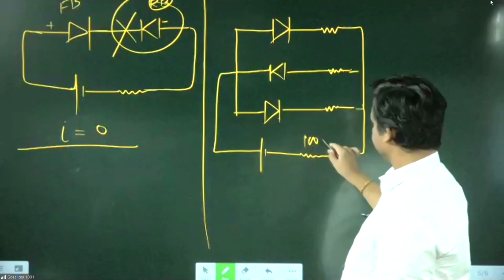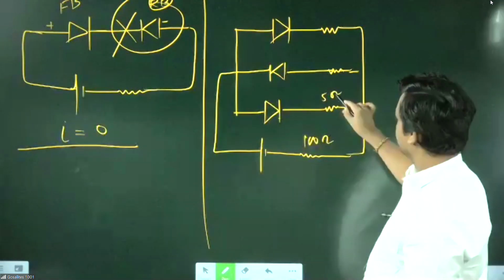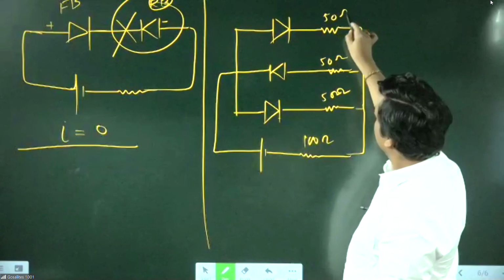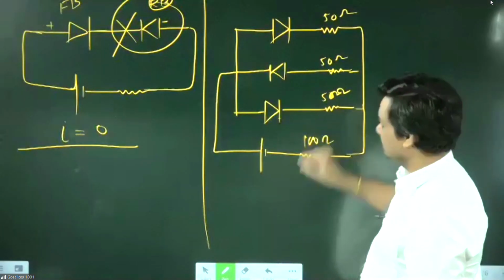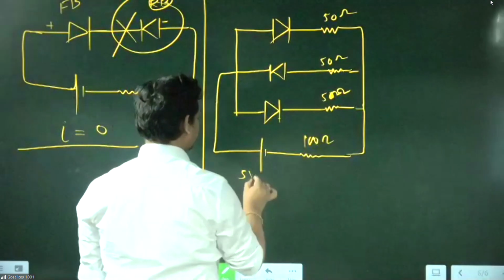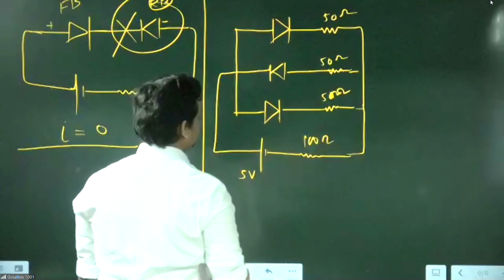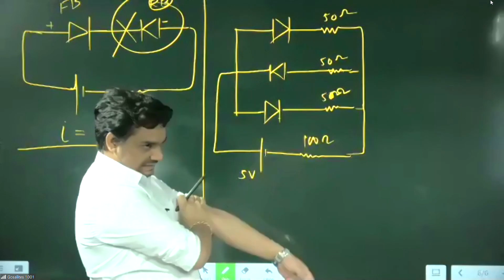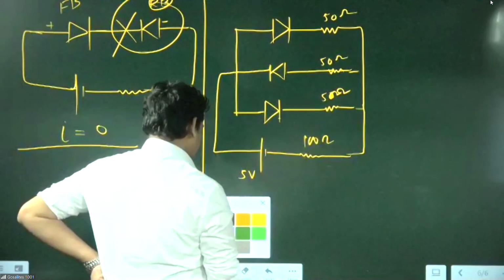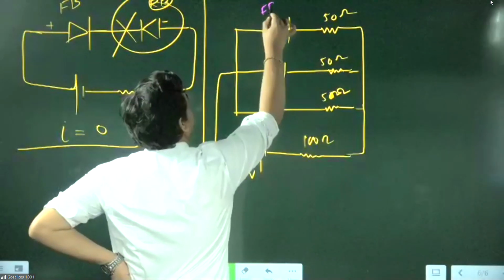Now, 50 ohm, 50 ohm, 50 ohm, all are 50 here, and this is the 5 volt here. So in this one, you need to answer: what is the current? You know that this is forward biased because it is positive.